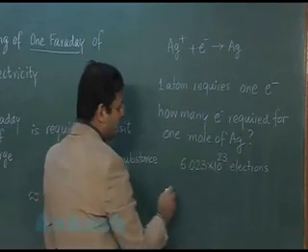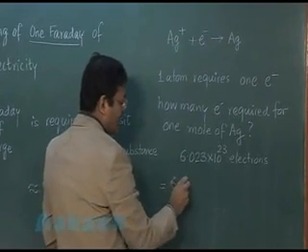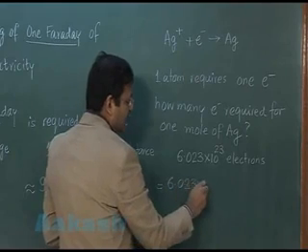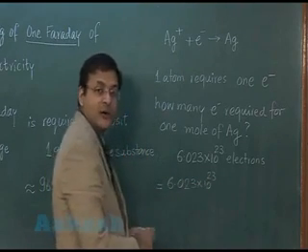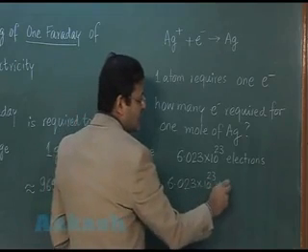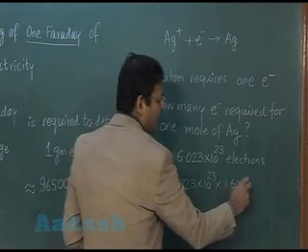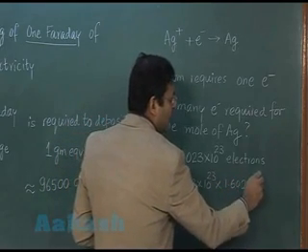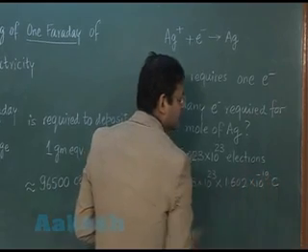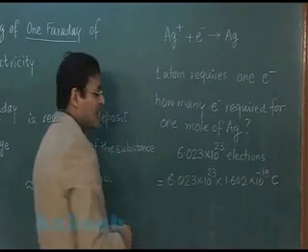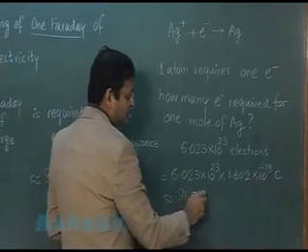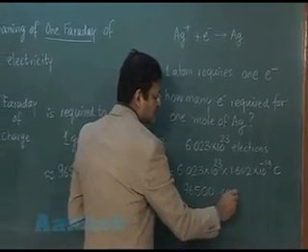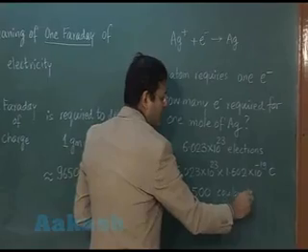If you calculate the charge value of this, it is simply 6.023 into 10 to the power 23. And what is electronic charge? Electronic charge is approximately 1.602 into 10 to the power minus 19 coulomb. You understand? And that comes out to be around 96500 coulomb. You get it?